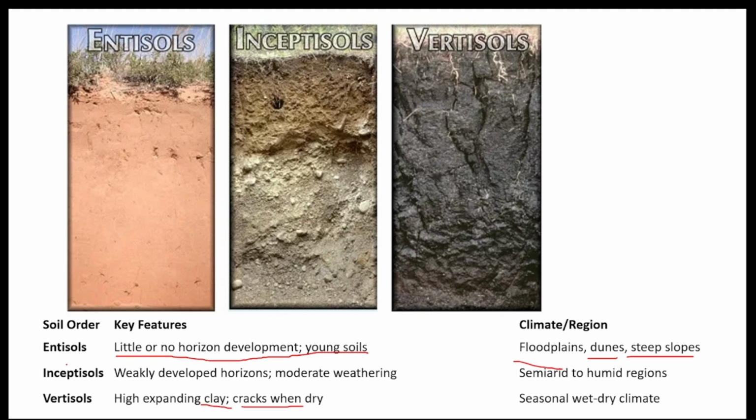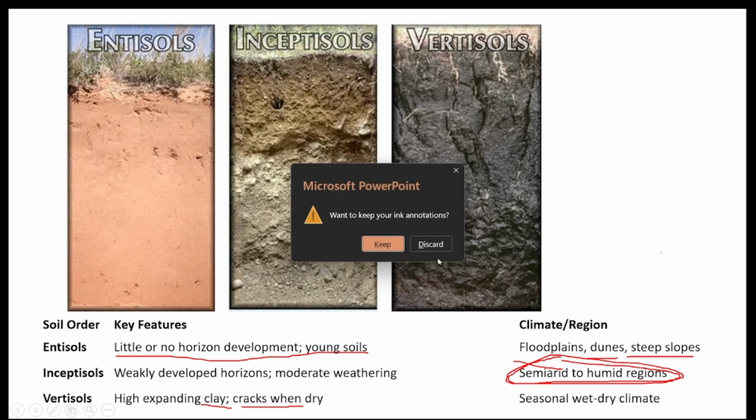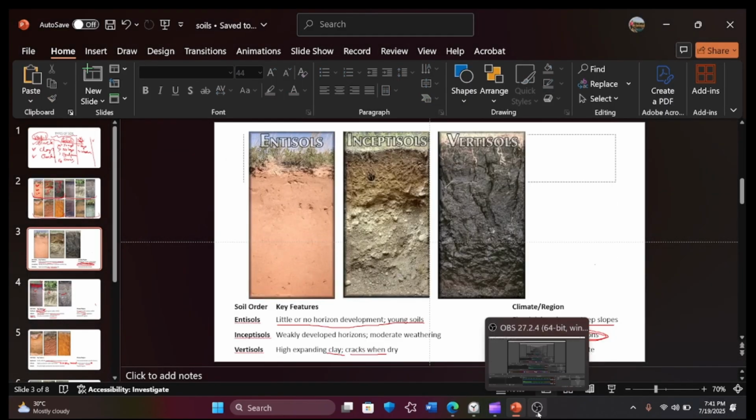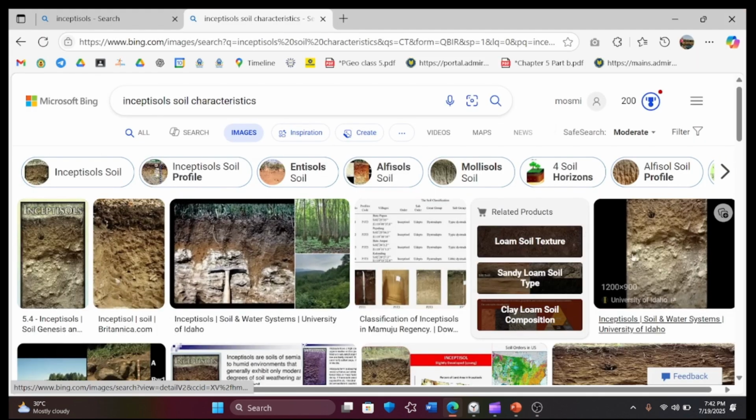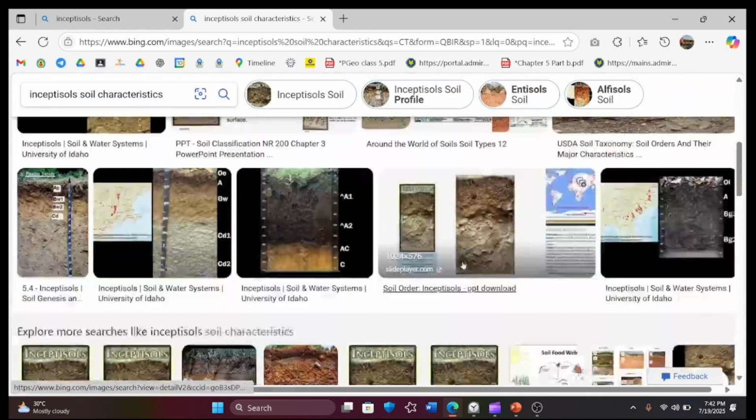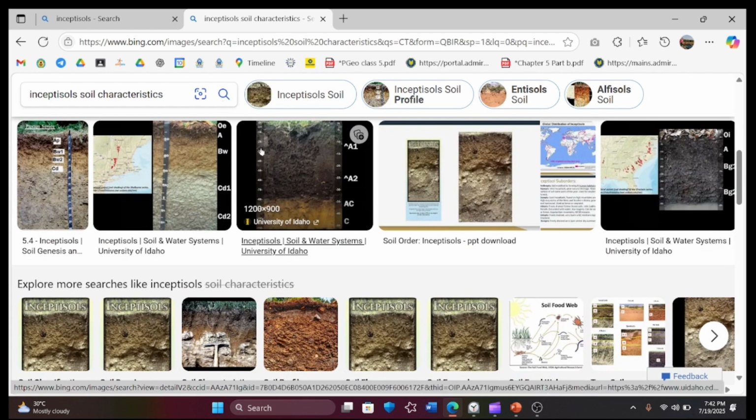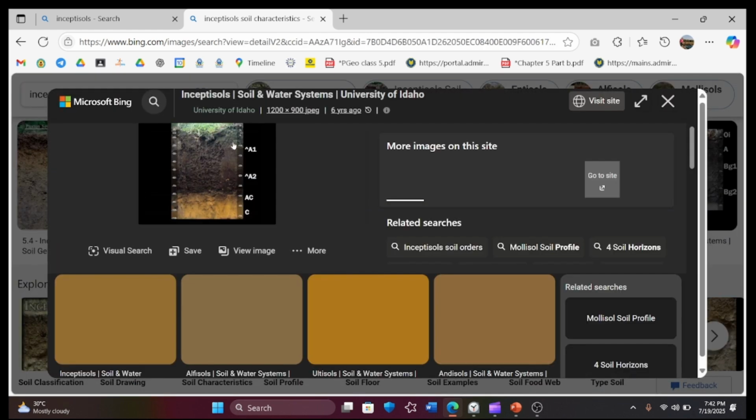So for inceptisols, I will suggest you emphasize more on its climate or region. Where do we find inceptisols? We find it in semi-arid or humid regions. Let me show you inceptisols. Yeah, these are inceptisols. See, it has layers. It obviously has layers, whereas the upper layer is weathered.